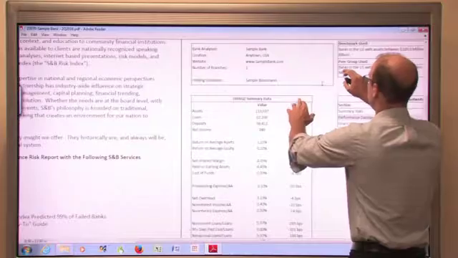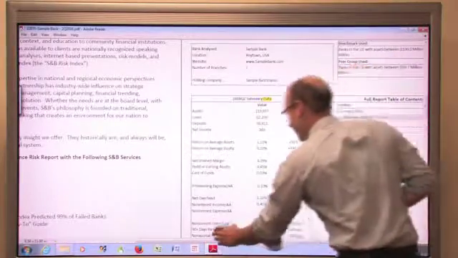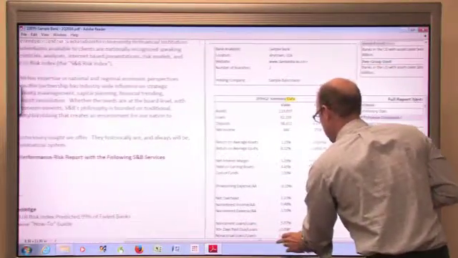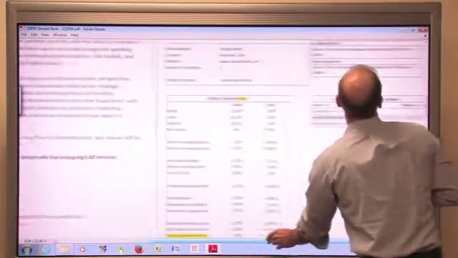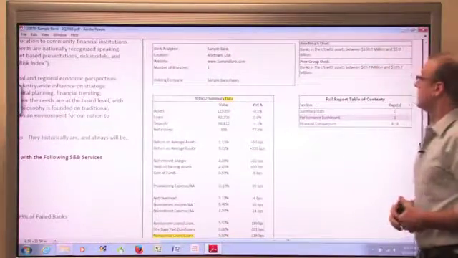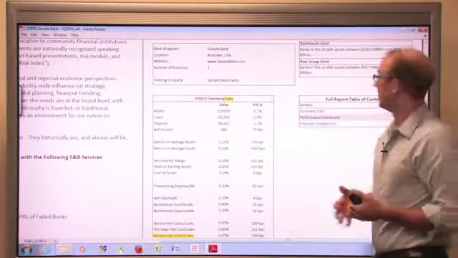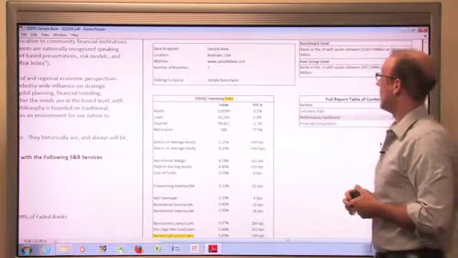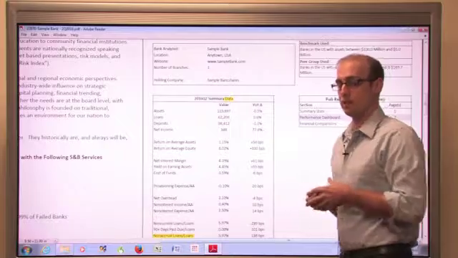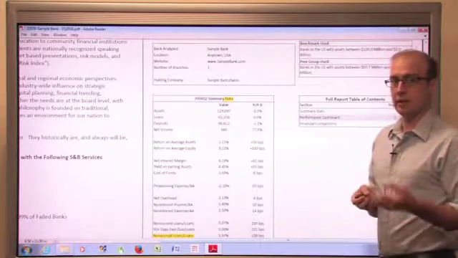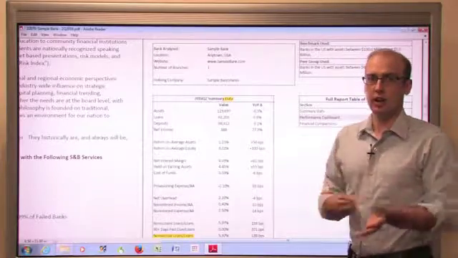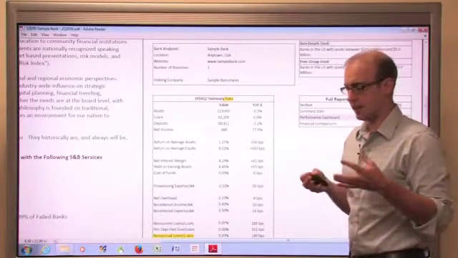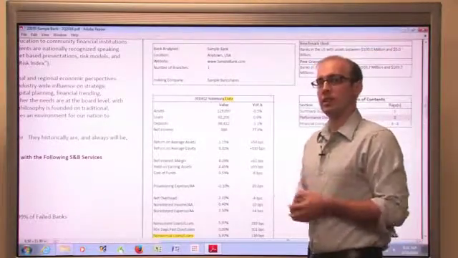So what we first want to look at is how we divide up the groups. With this report, it's automated, and we have our community bank defined benchmark group, which is banks between $100 million and $5 billion in assets. Pretty simple, cut and dry. It's just kind of where we feel the community bank is defined.